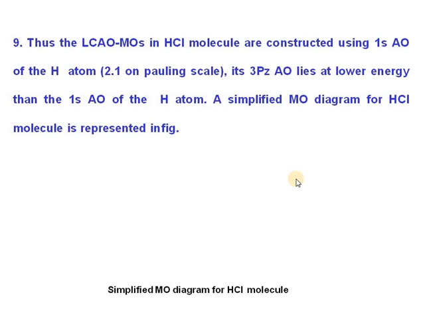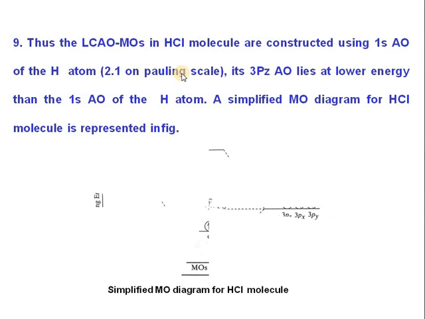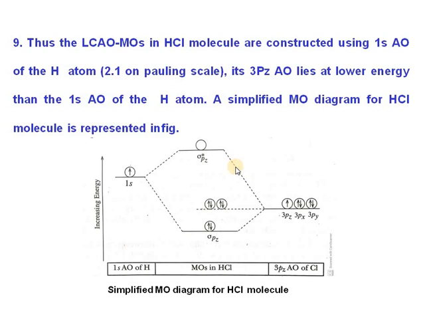Now, from the linear combination of atomic orbitals, we can construct the molecular orbital diagram of the hydrogen chloride molecule, as shown here. The 3pz atomic orbital lies at lower energy than the 1s atomic orbital of hydrogen because chlorine is more electronegative than hydrogen, and therefore we can simplify the molecular orbital diagram for the HCl molecule, which can be constructed accordingly.